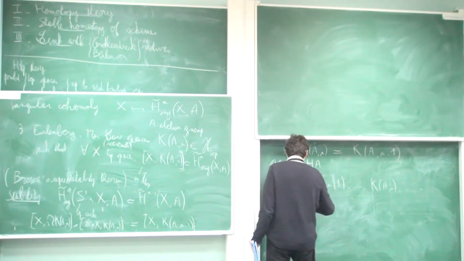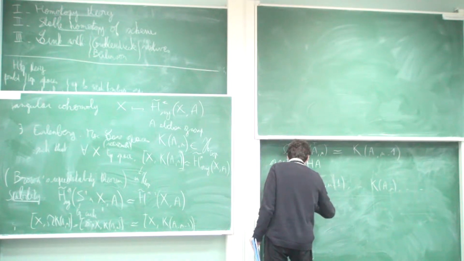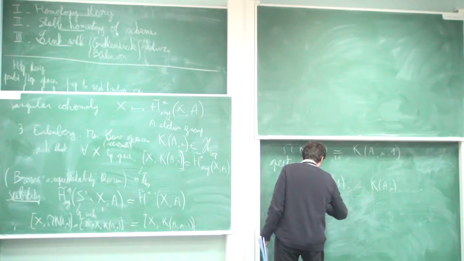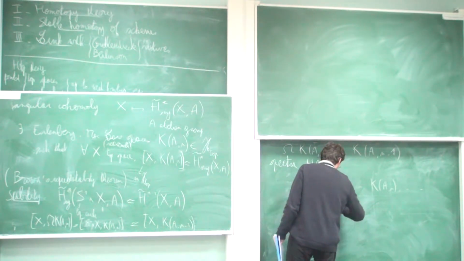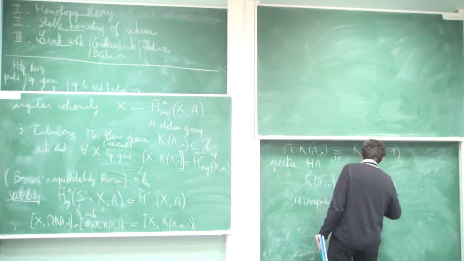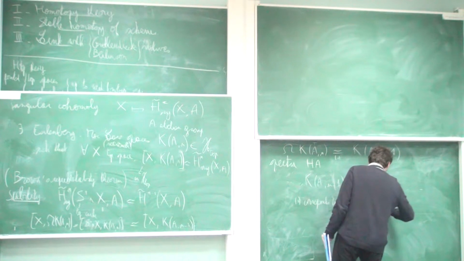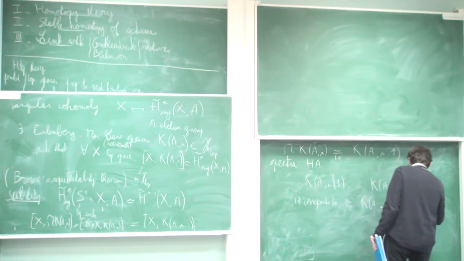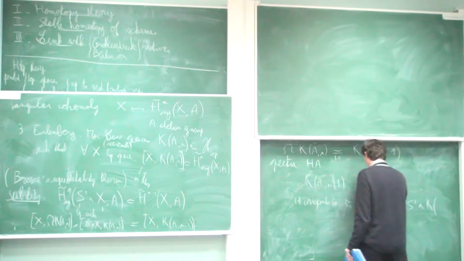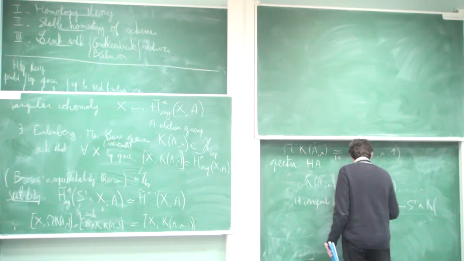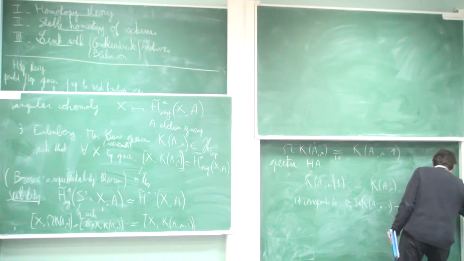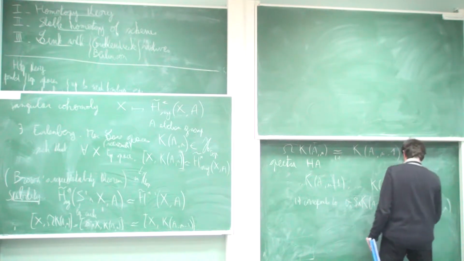But this map corresponds by adjunction to a map sigma_n from the suspension of K(A,n-1) to K(A,n).